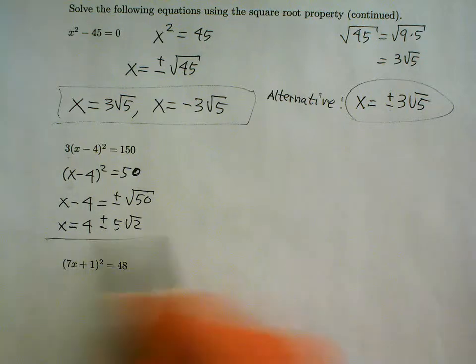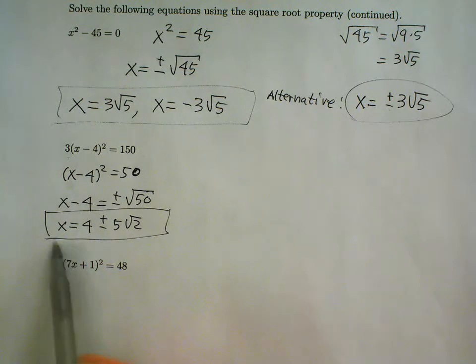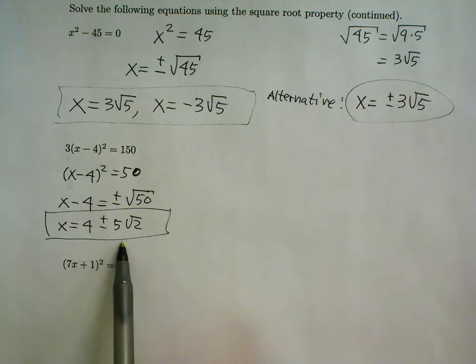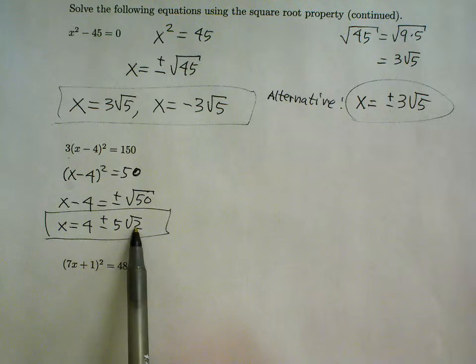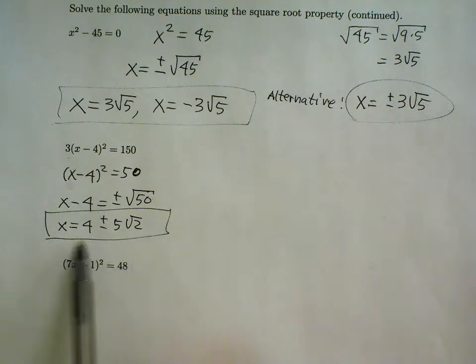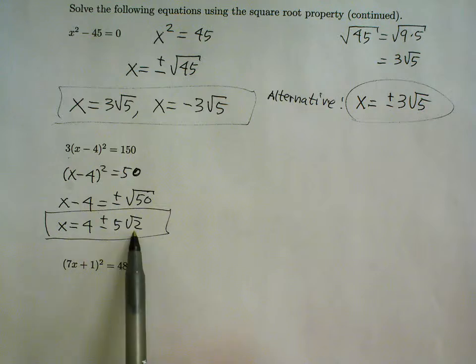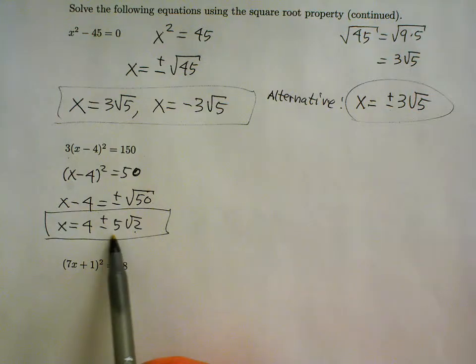This is one way to write the two solutions. One is x equals 4 plus 5 times the square root of 2. The other solution is x equals 4 minus 5 times the square root of 2. If you don't want to apply the plus and minus, you don't have to.